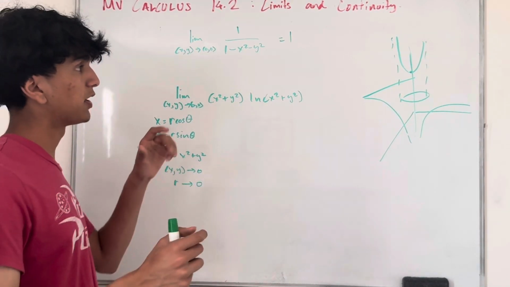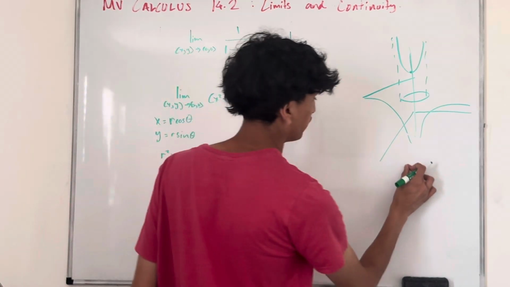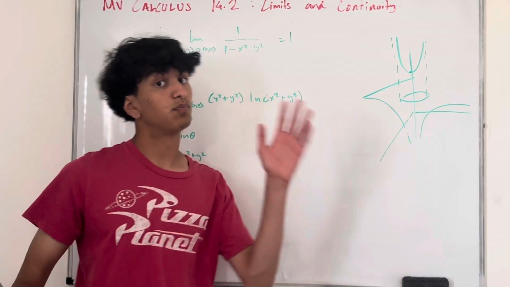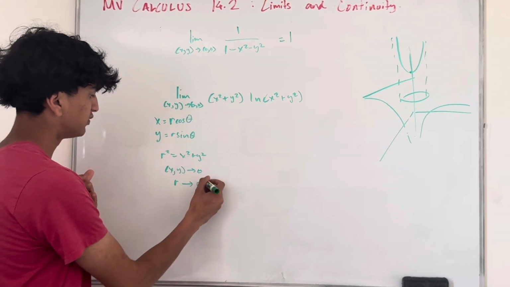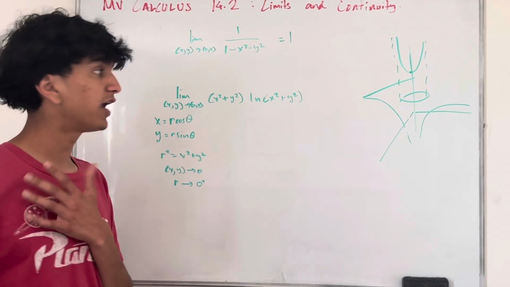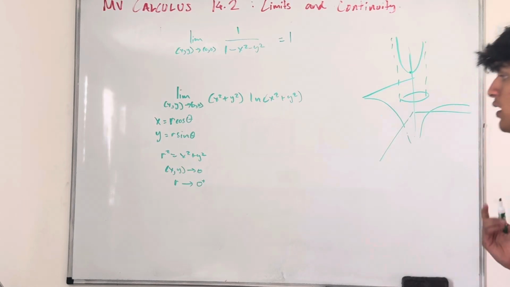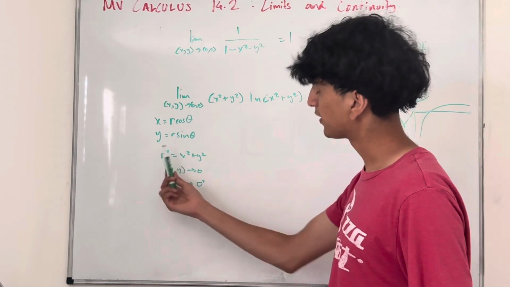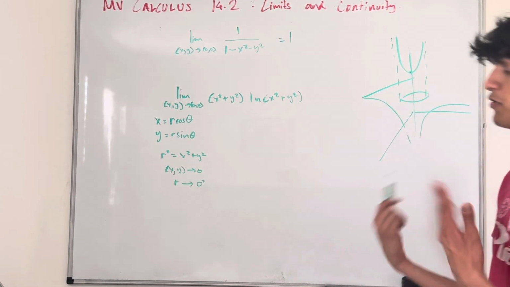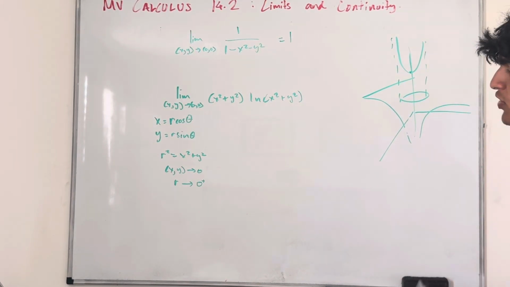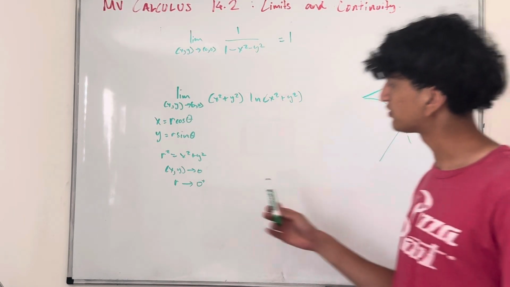As a point is moving towards the origin, that just means, in polar, that r is approaching 0. But specifically, it's approaching 0 from the positive side. The idea being that because this is r squared, to find r you would have to take the square root. That would just end up being all positive numbers. So it's really r approaching from the positive side.